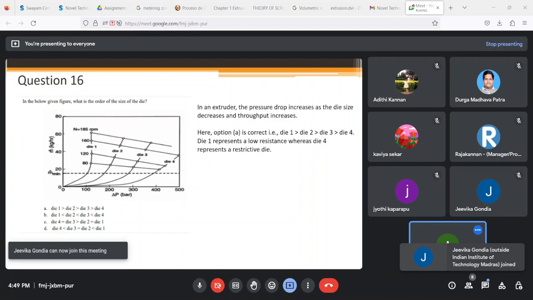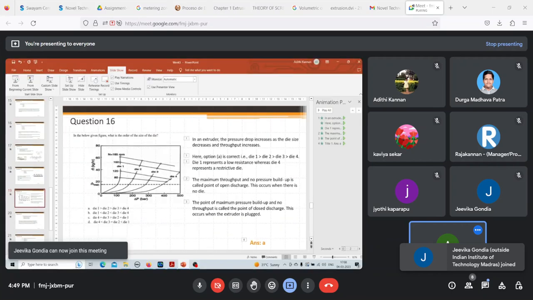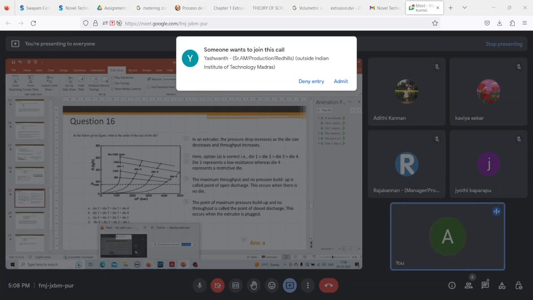The first extreme is the maximum throughput, that is everything coming out and no pressure buildup, known as the point of open discharge. This is where you don't have any die at all at the end. If you don't have any die, everything that you're extruding will just directly come out, so there is no pressure required at all.